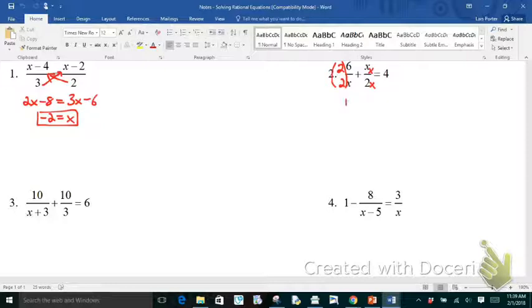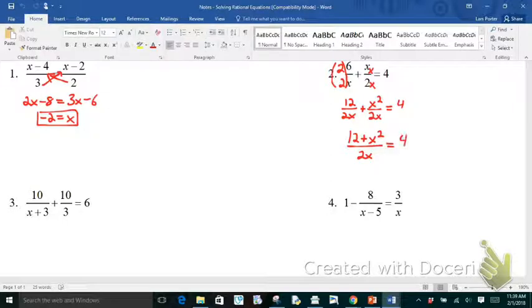And so that's going to give us 12 over 2x plus x squared over 2x is equal to 4. So good news, we have a common denominator, and we can say 12 plus x squared is equal to 4. I kind of prefer x squared plus 12, but I'm going to leave it right here so I don't confuse anyone.